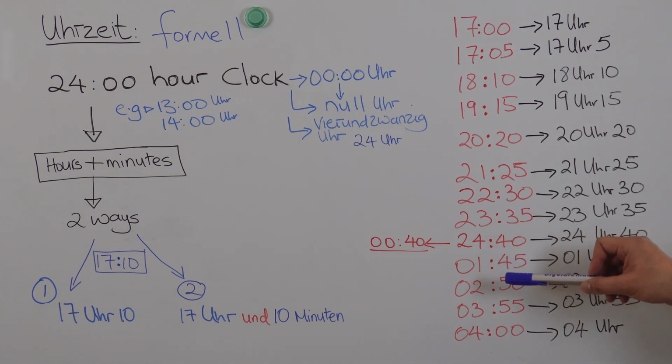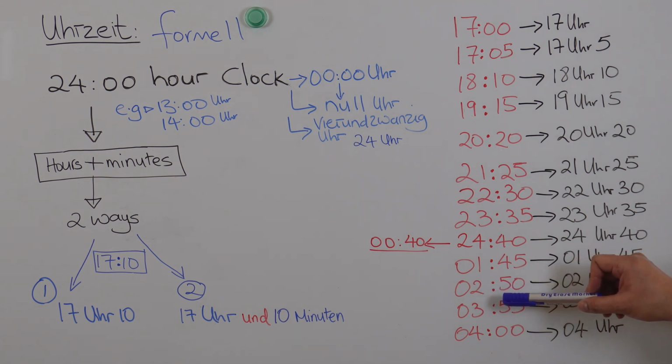The next one, 1 Uhr 45. That means 1 hour and 45 minutes. The next one, 2 Uhr 50. That means 2 hours and 50 minutes.